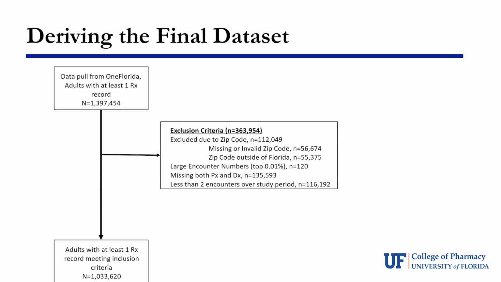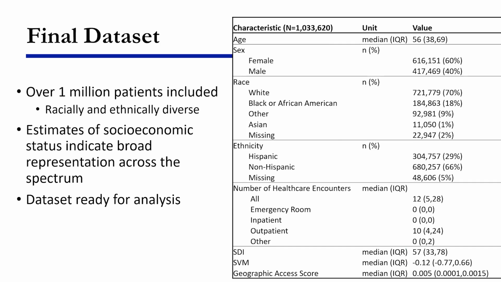We ended up just cutting off the top 0.01%. If they were missing procedure diagnosis codes, or if they didn't have, again, we settled on 2 encounters over the study period. And so there were several of these patients, as we provided the example, who just show up once, get a drug, and you never hear from them again. And so what we ended up with is a little over 1 million patients who met the criteria for analysis.